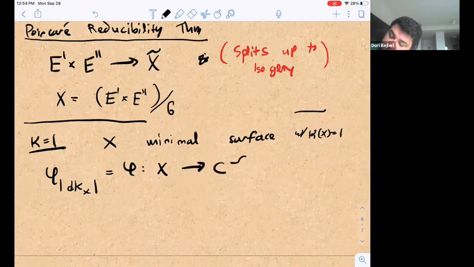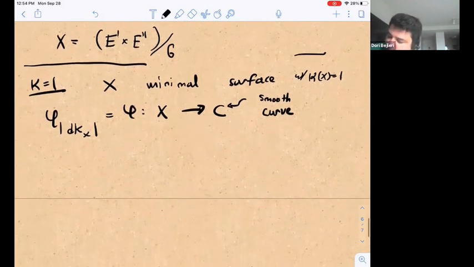And because the Kodaira dimension is 1, this has to be a curve. And it has to be smooth by Stein factorization or by taking D large enough. So we have this map, and again, by taking D large enough or taking the Stein factorization, we can assume that it has connected fibers.